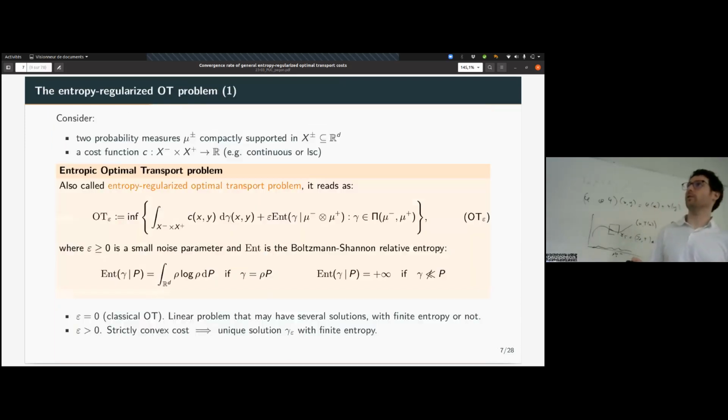Because if you recall, the integral of c(x,y) d gamma is just the integral of f(x) plus g(y) d gamma, but since you have the marginal constraint, this is just the integral of f d nu minus plus the integral of g d nu plus, so it's constant. And you take just the quantity which is gamma equal to nu minus times nu plus. This is 0. And so this is constant.